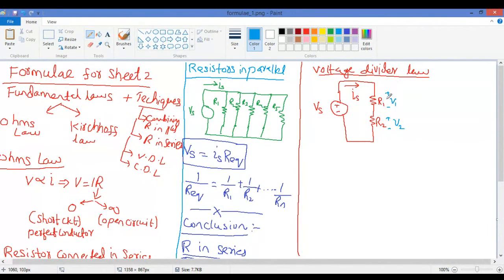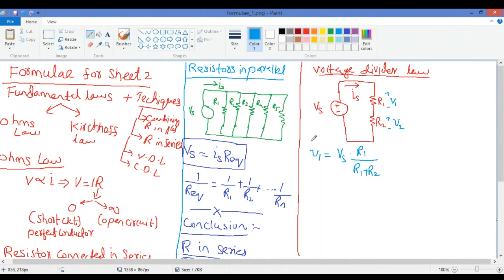The Vs is getting divided into V1 and V2 according to the voltage divider law, which states that V1 is equal to the total voltage Vs multiplied by, since I want V1, the same resistance in the numerator by the sum of the remaining resistance.